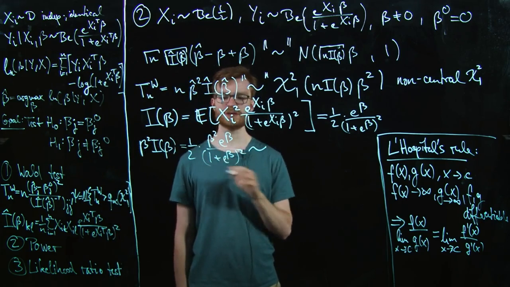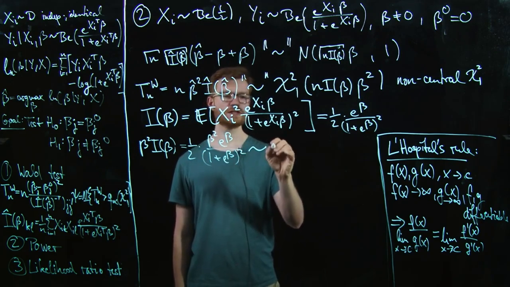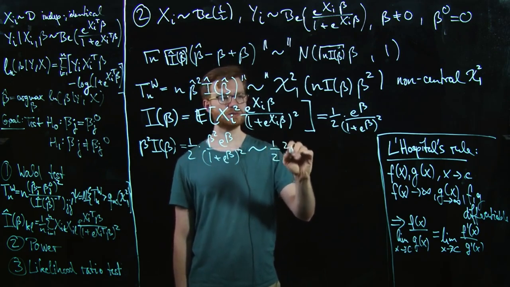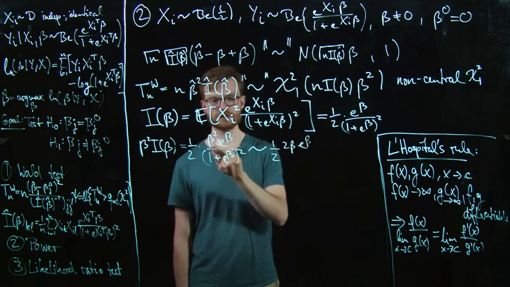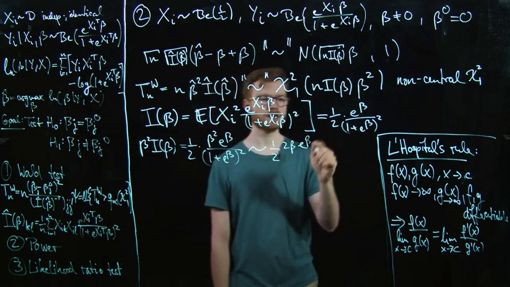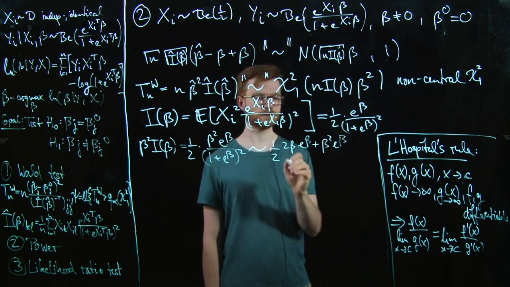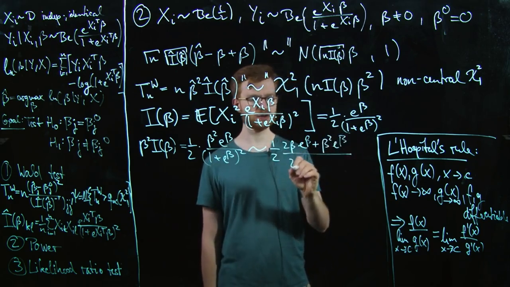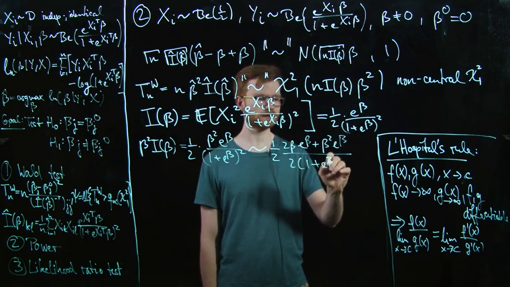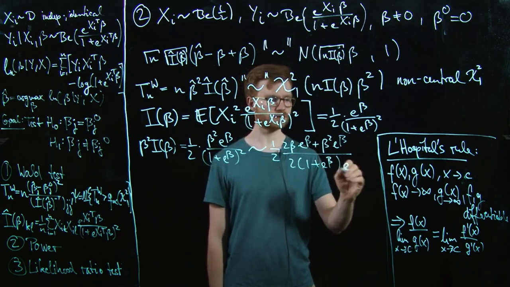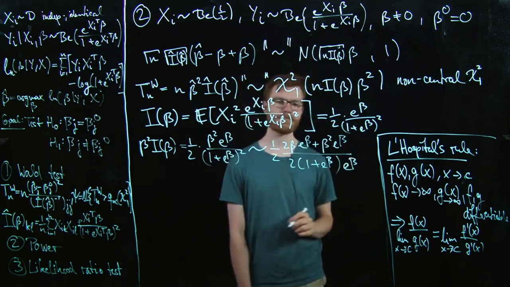OK, let's differentiate the numerator. If I do this, then I get 2 beta e to the beta, first differentiating the first term, plus differentiating the second term, beta squared e to the beta, divided by 2 times 1 plus e to the beta, and differentiating e to the beta.